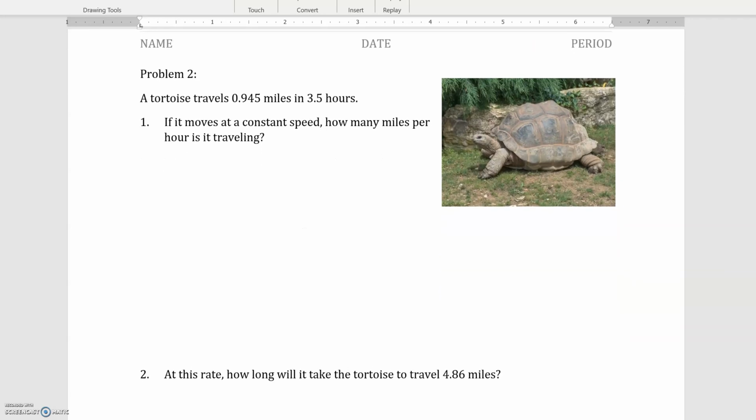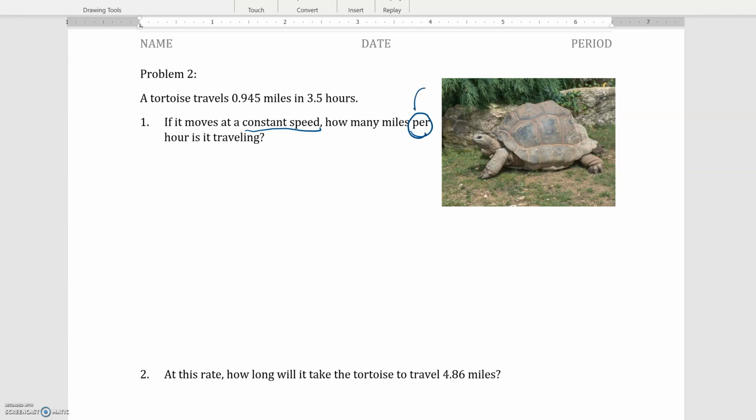Let's continue practicing. And look at problem 2 now about a tortoise. So here's another situation, and we have to ask ourselves how we're going to solve this. So a tortoise travels 945 thousandths of a mile in 3 and 5/10ths of an hour. So, if it moves at a constant speed, how many miles per hour is it traveling?